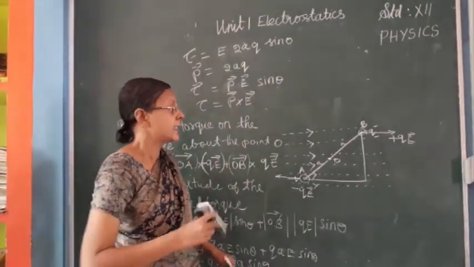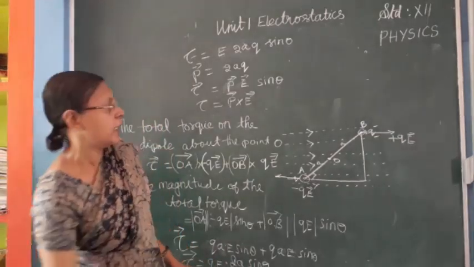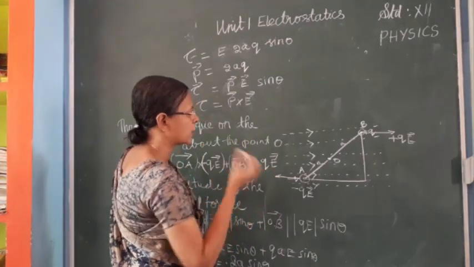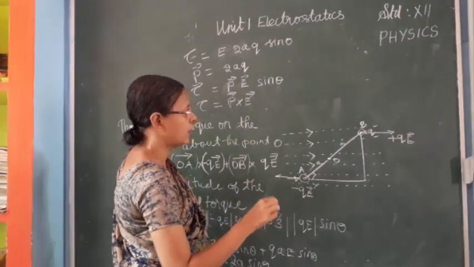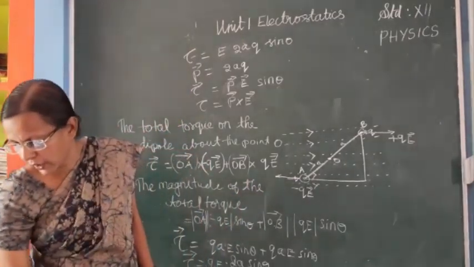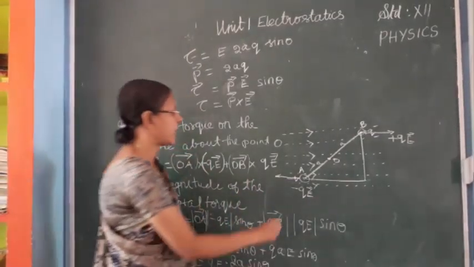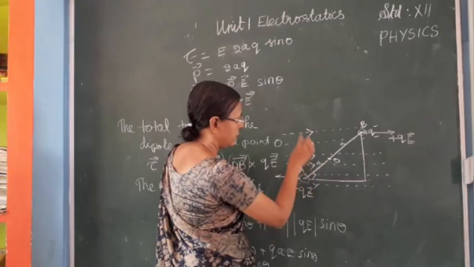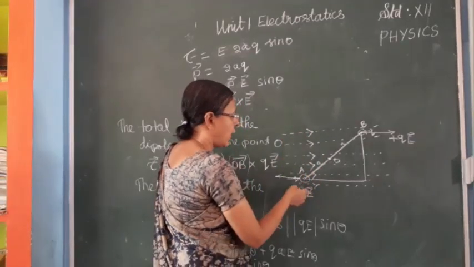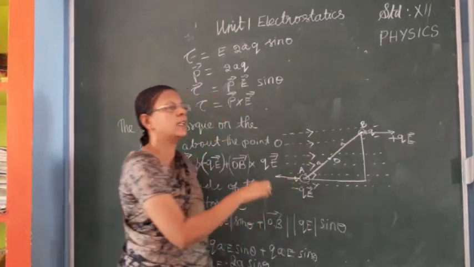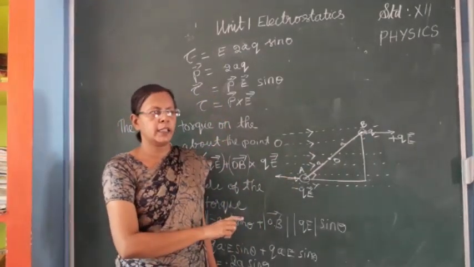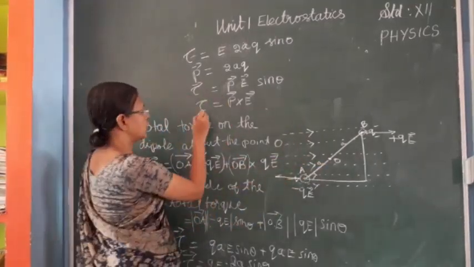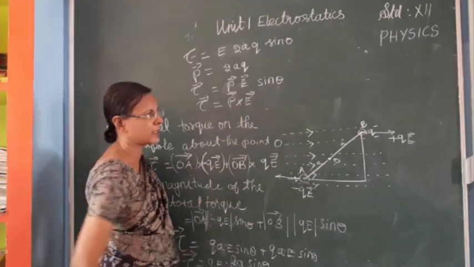If the electric field is uniform, the net force is zero, and the torque is equal to P cross E, P vector cross E vector.